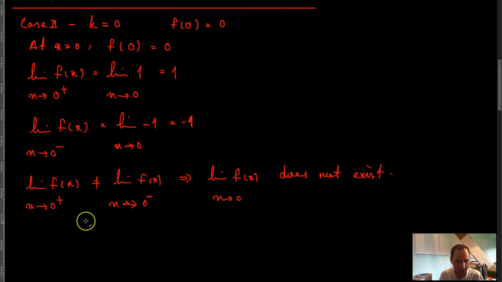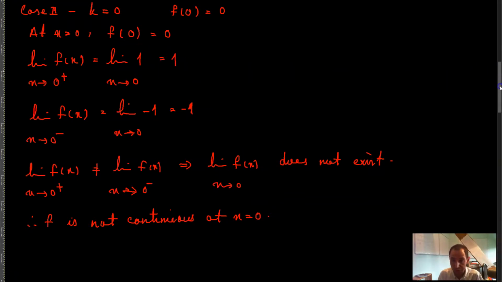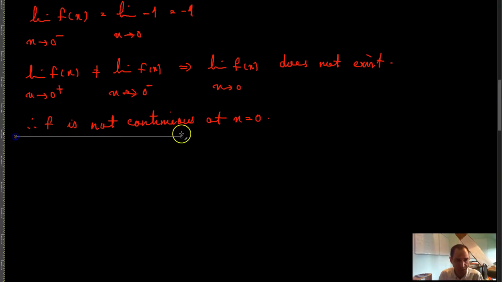And since the limit does not exist, you can say that f is not continuous at x is equal to 0. So that's one thing. So at x is equal to 0, the function is not continuous.